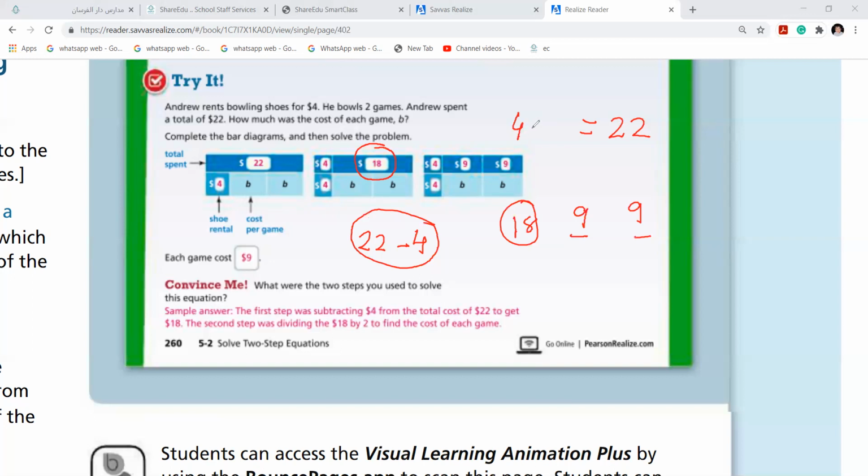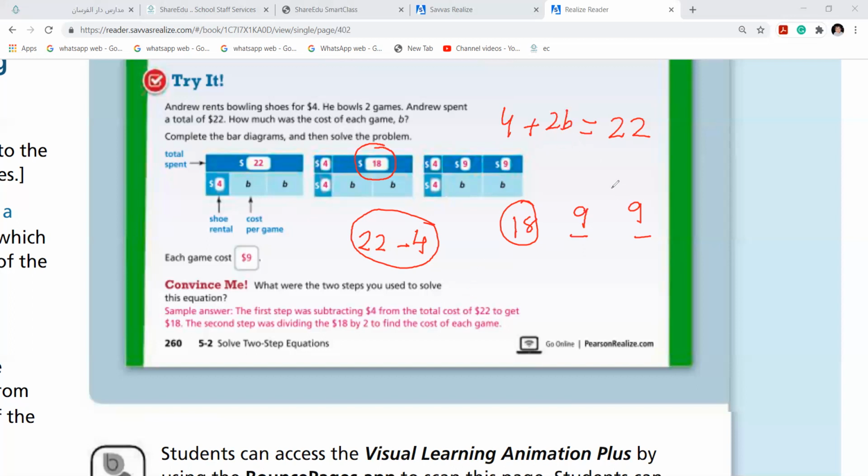See, 4 plus, there were 2 games. Leave the equation; it's better he has shown it this way, because in the equation you have to take 4 to that side, and that becomes 22 minus 4 divided by 2. The equation is this way: 4 plus 2b.